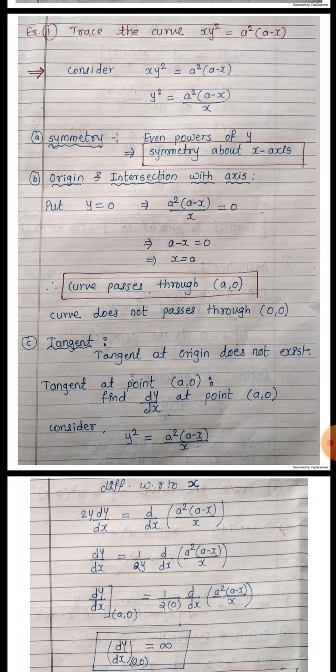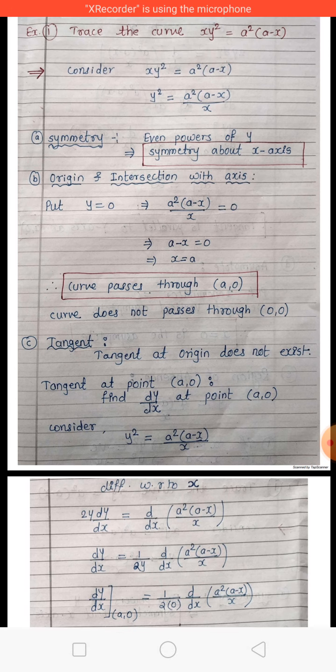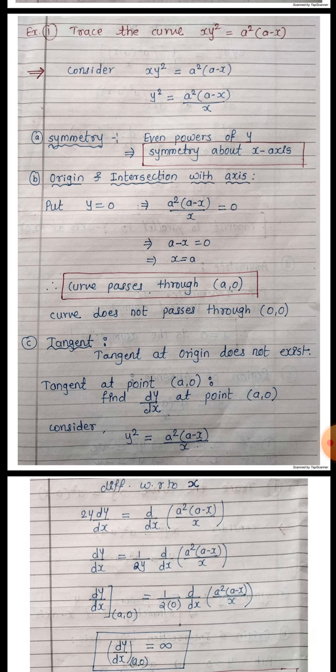Next, find origin and the intersection with the axis. For this, we put y equal to 0. If we put y equal to 0, then we get a square in bracket a minus x upon x equal to 0. Therefore, a minus x is equal to 0, so x is equal to a.